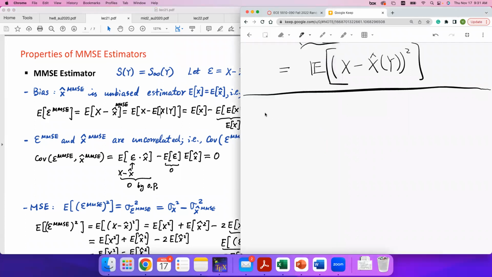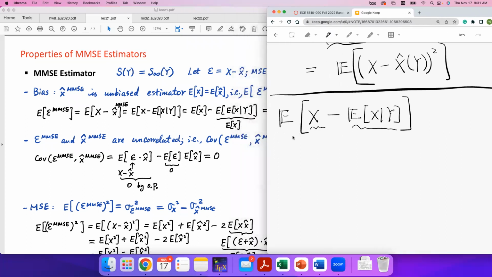So we get this nested expectation. Inside is x minus our estimator, the MMSE estimator, and then we take expectation outside. Because the expectation is a linear operator, we can separate these two terms.